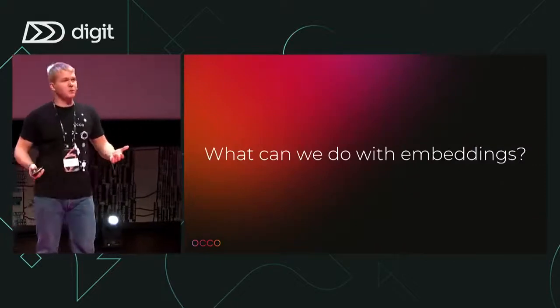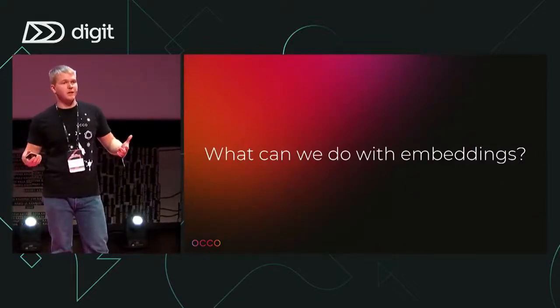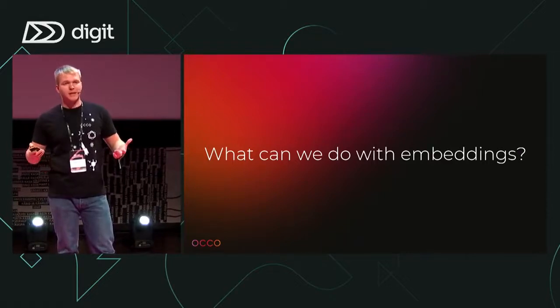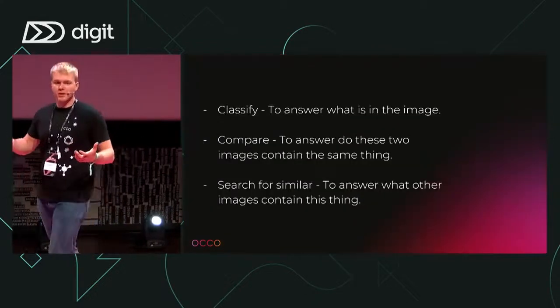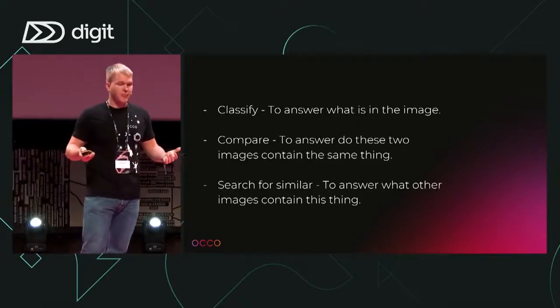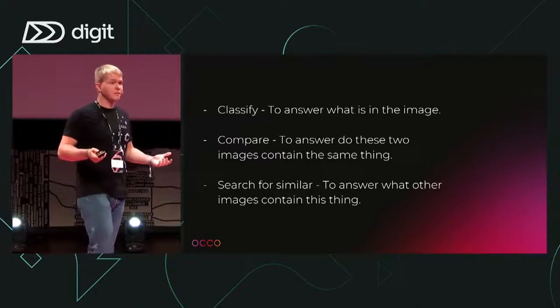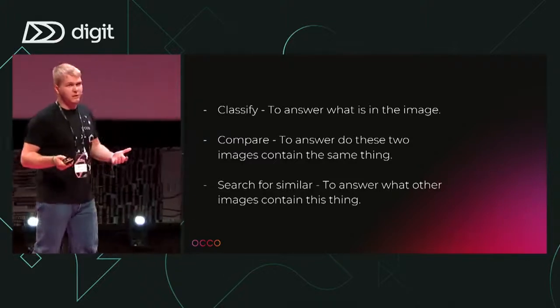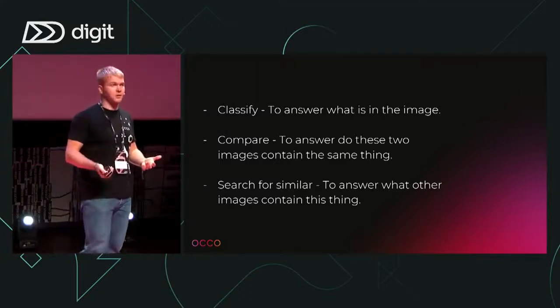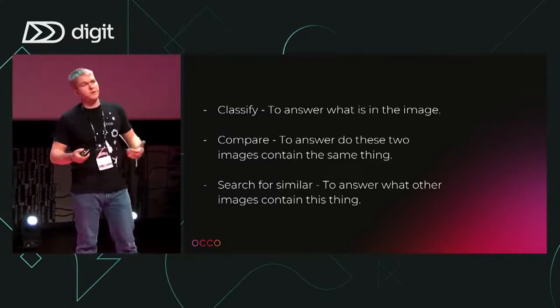So what can we do if we have this kind of description of the object in an embedding form? Well, we can make classification to answer what's in the image, give it a category. We can also compare to say if the two images contain the same thing, and we do that with the same cosine similarity. And we can search for similar ones.